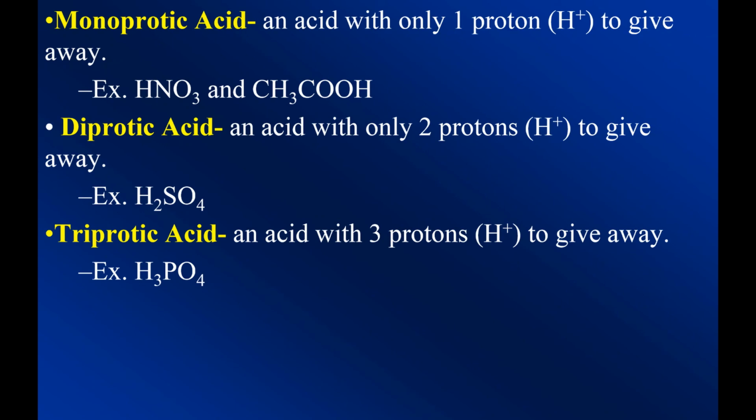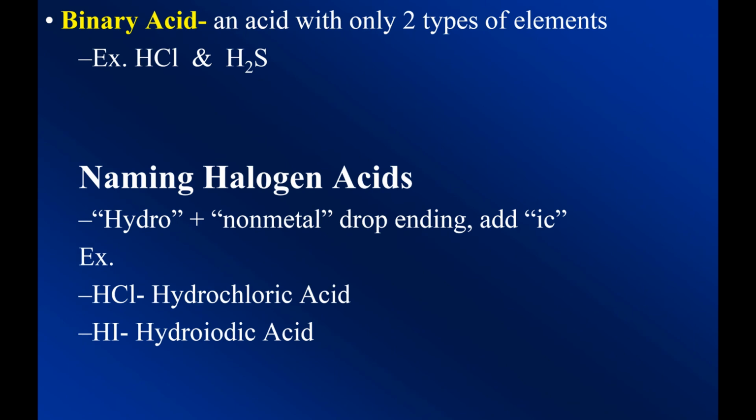The rest of them, it's just however many hydrogens they have. So diprotic, 2 H+ ions. Triprotic, we've got 3 there. Okay, so last definition, binary acid. An acid with only 2 types of elements, and that's HCl and H2S.